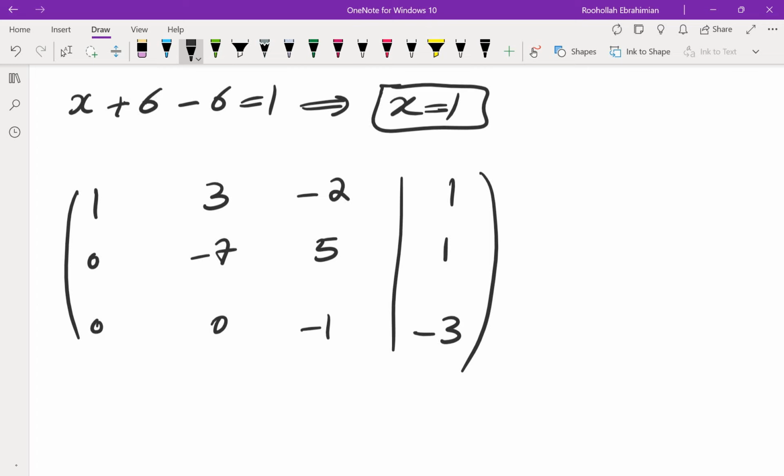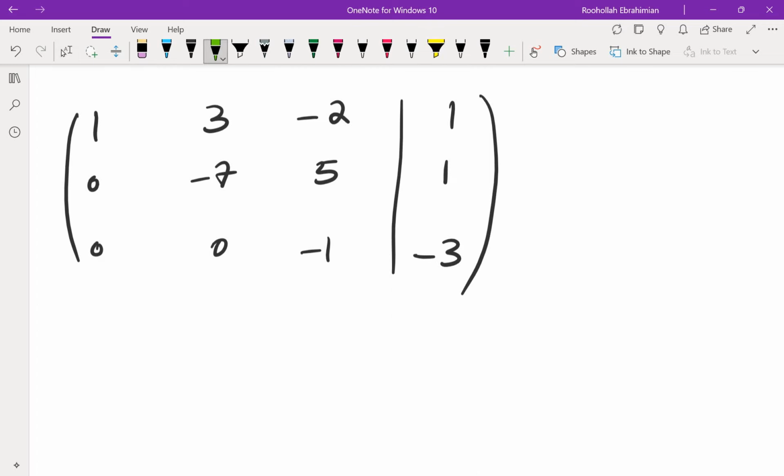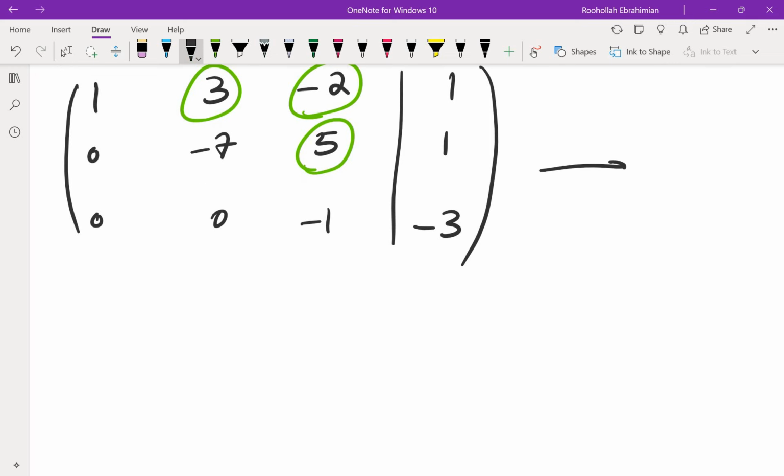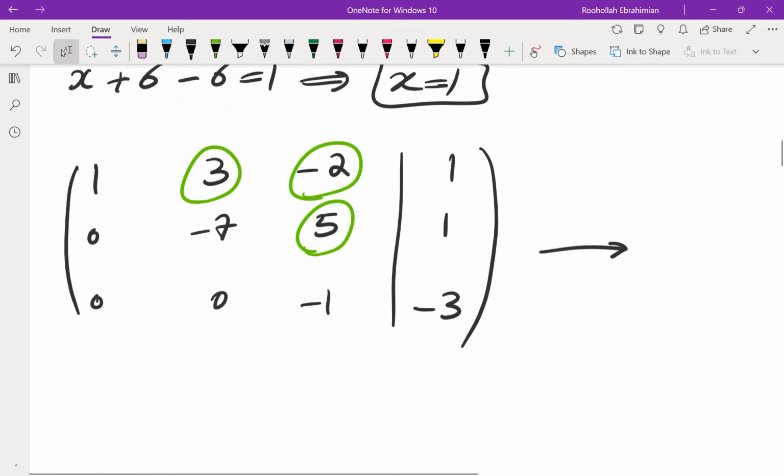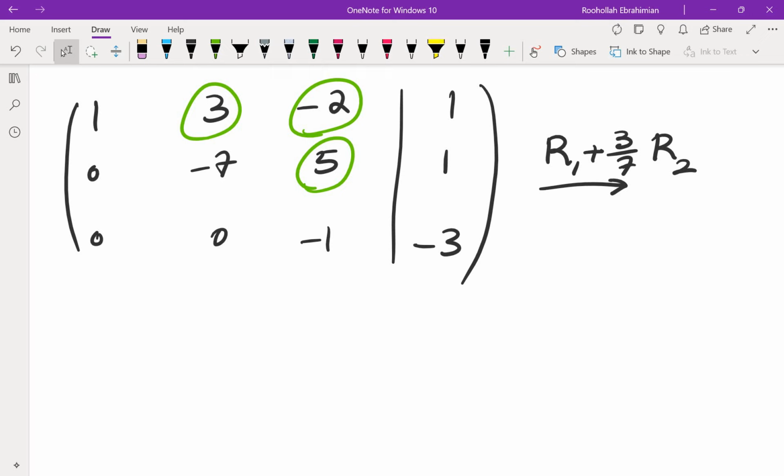If you look at that, you can also make these 3 entries 0 by applying some more similar operations. The first operation that I'm going to do is take row 1 and add 3/7 of row 2. That way I can make that 3 a 0.